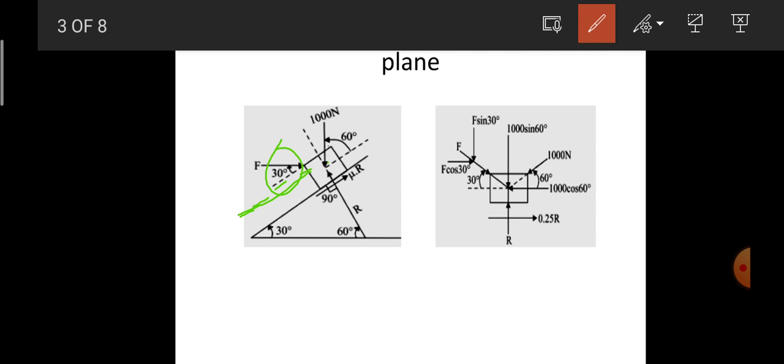So this is all about the angle of inclination with reference to the horizontal and vertical axes.